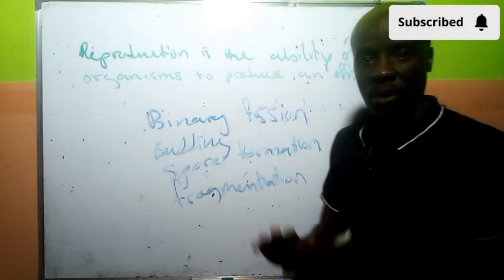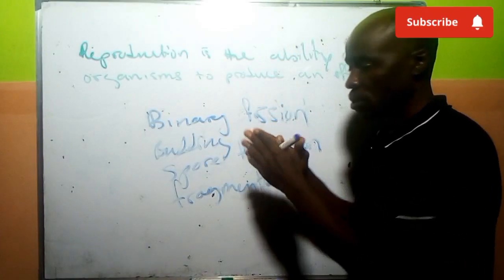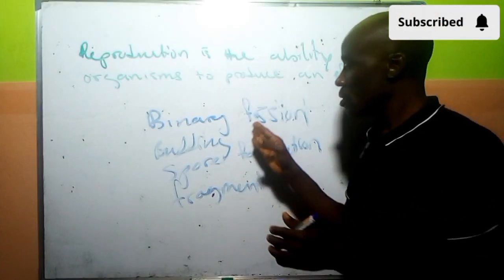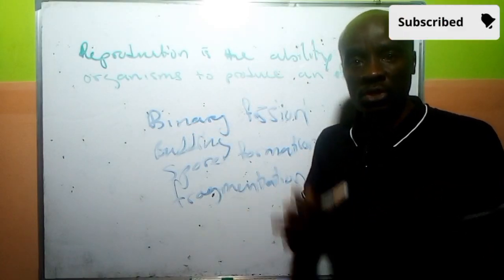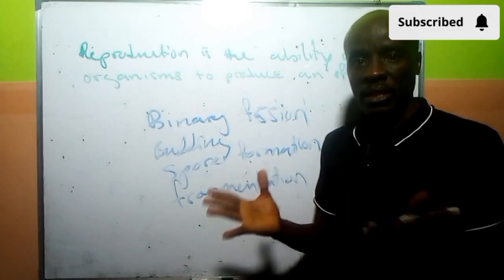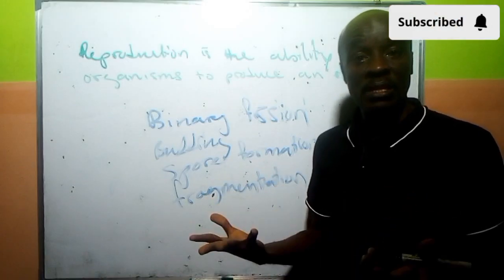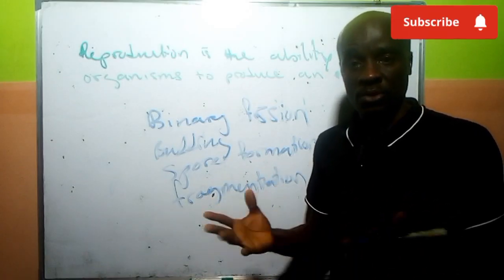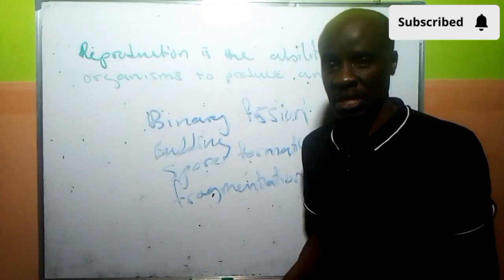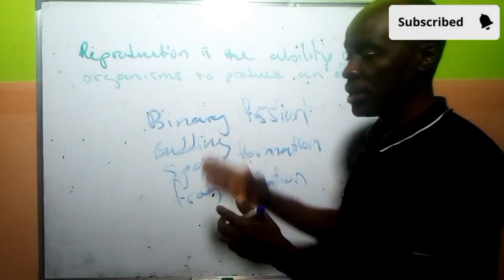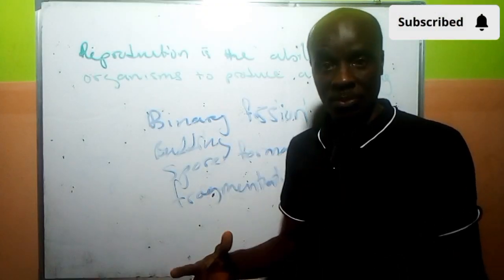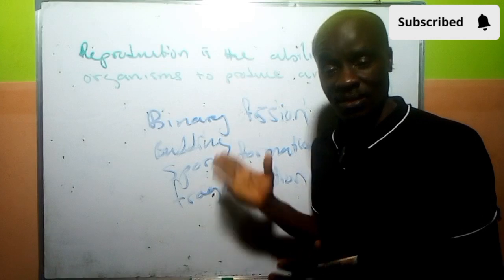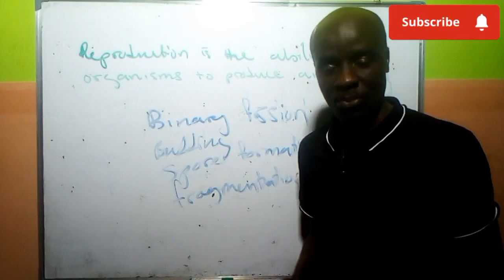In binary fission, fission just means to split. In binary fission, the organism will just split into two and then form daughter cells, or many more. Maybe it can be 4 or 5, as the case may be. So remember that there is a splitting in this process of asexual reproduction.